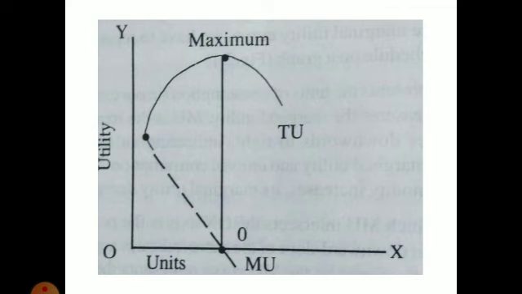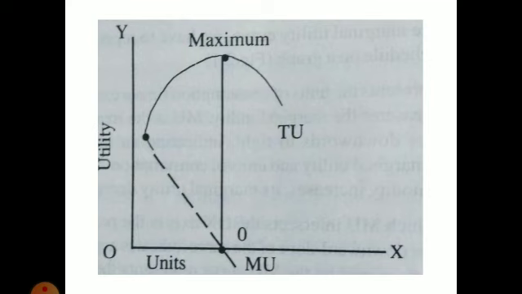And here, though total utility is increasing, how is it increasing? It is increasing at a diminishing rate. That is why after a particular point, it begins to decline.